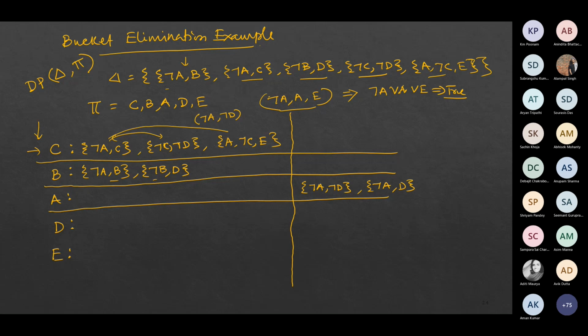So for every bucket, we are applying the resolution on that variable itself. Here we will be applying C resolution. Here we will be applying only B resolution. And here we will be applying only A resolution. So we will not be applying D resolution here, right? So this is as per the DP algorithm, right?